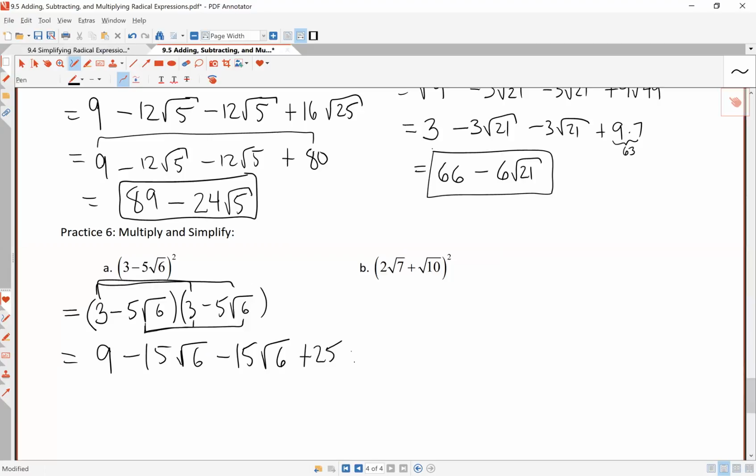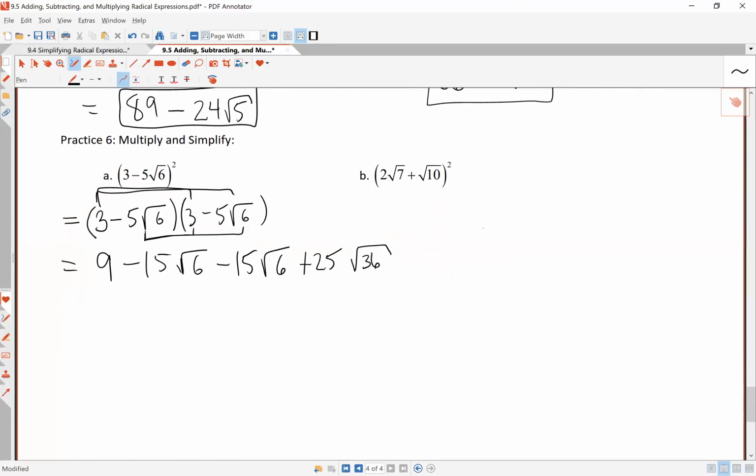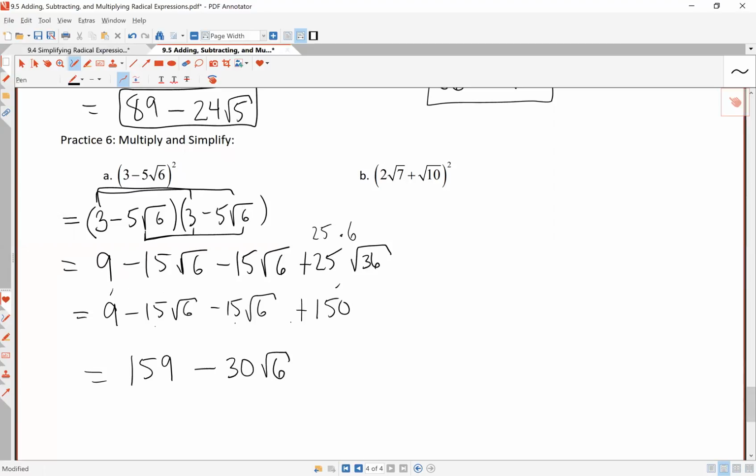Root 6 times root 6 is root 36. Root 36 is 6, and times 25 is 150. So we have 9 plus 150 is 159. Minus 15 minus 15 is minus 30 square root of 6.